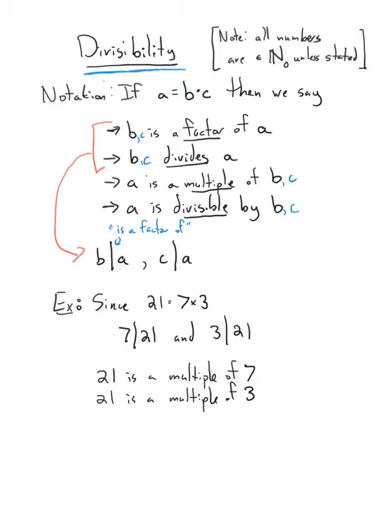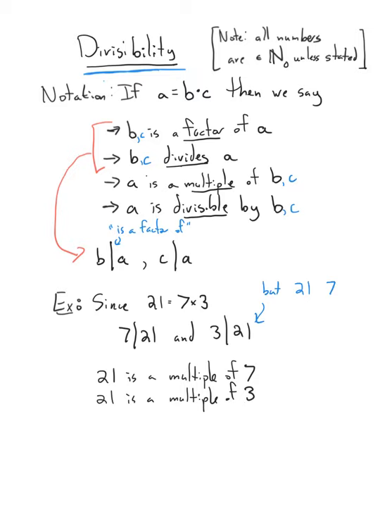As an example, 21 is 7 times 3. 7 divides 21. 7 is a factor of 21. So is 3. 3 is a factor of 21. But is 21 a factor of 7? Well, no, it's not.